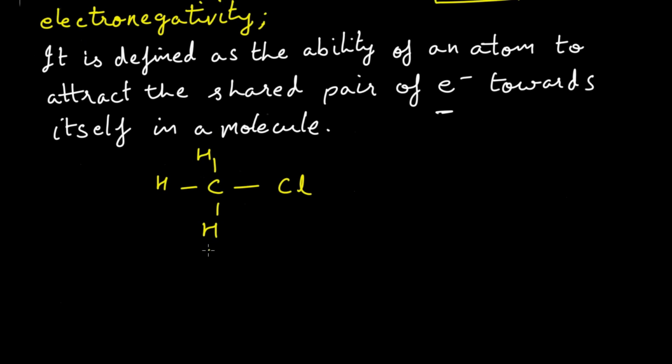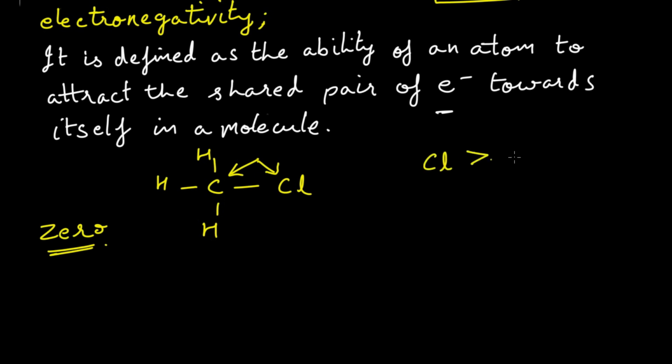there is no electronegativity, there is no inductive effect between carbon and hydrogen. Between carbon and hydrogen, inductive effect is 0. We also take it as standard, right? But in case of carbon and chlorine, there is a large electronegativity difference.